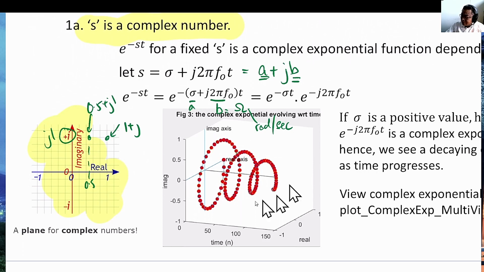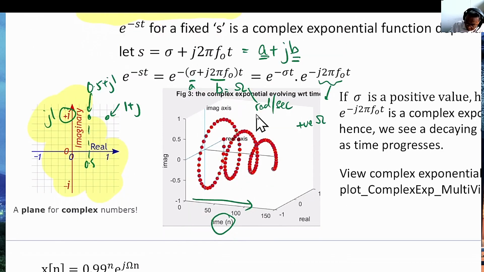Let's plot this figure. This figure shows that as we increase time along here, I'm plotting discrete time, but it's the same, you interpret it well. And I have a positive omega. When I put a positive omega, the complex exponential will rotate clockwise.